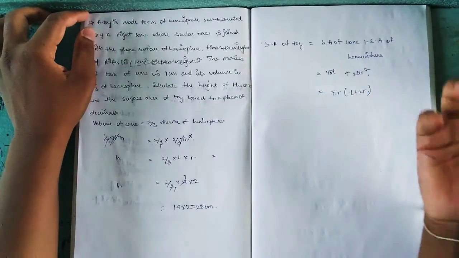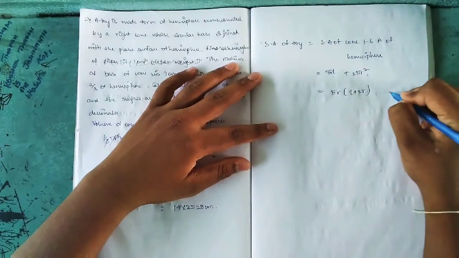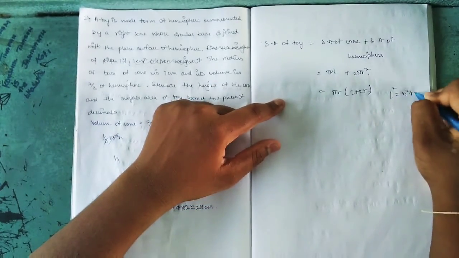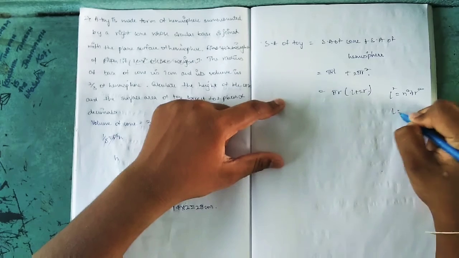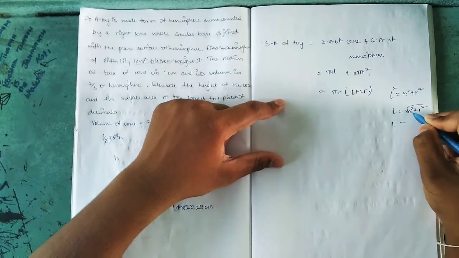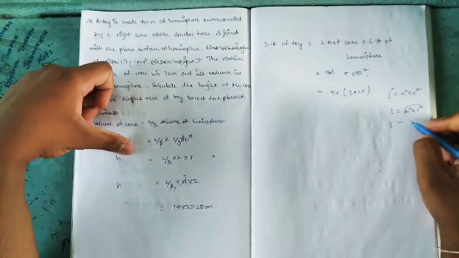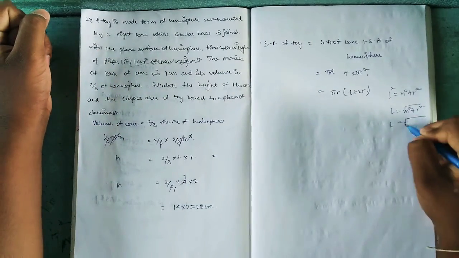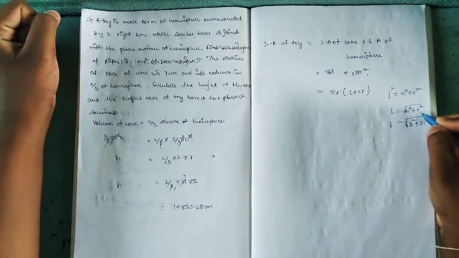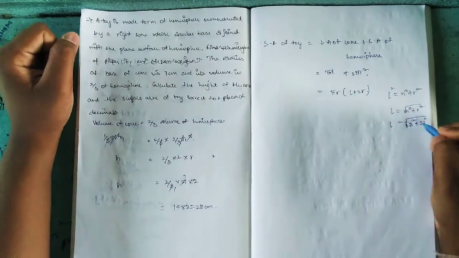Here l we didn't find, so now we will find l. What is the formula for slant height? l square is equal to h square plus r square. That means l is equal to root of h square plus r square. So what is h? The height is 28, so root of 28 square plus 21 square. r is 21, h is 28.